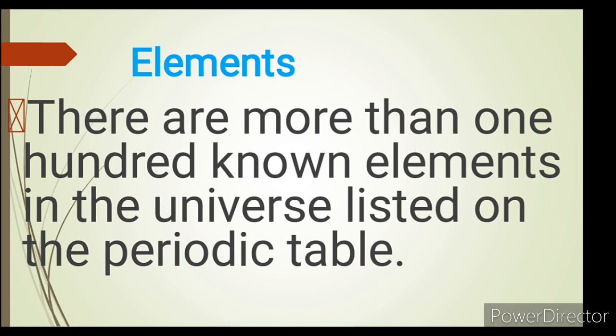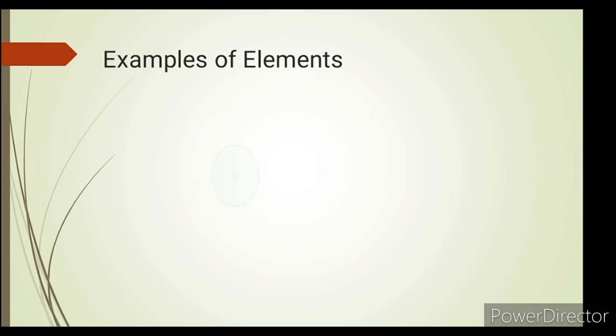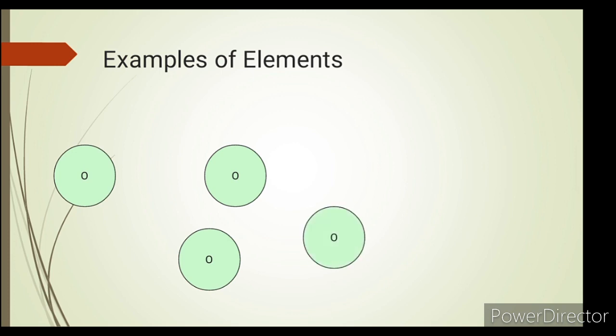Let's understand that with an example. Oxygen. Oxygen is an element found in nature as a gas. This is an oxygen atom. Now, many oxygen atoms roaming around each other form oxygen gas or the oxygen element.